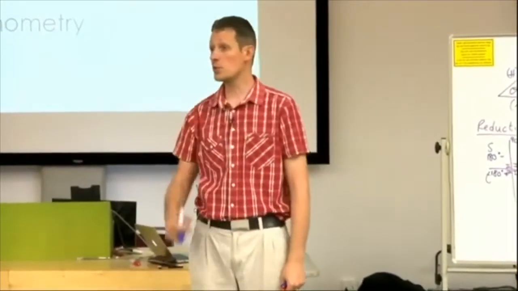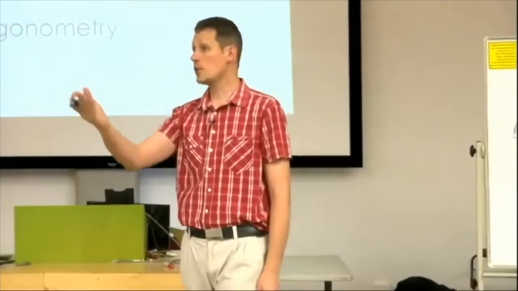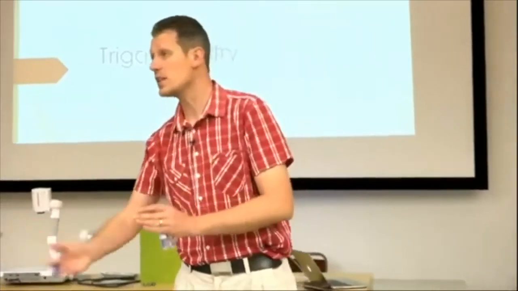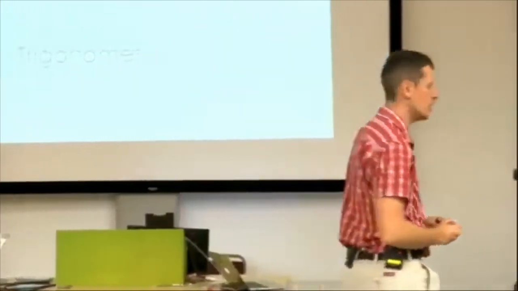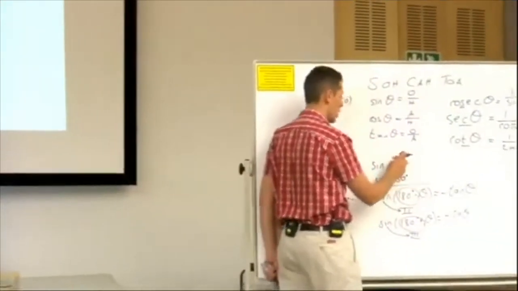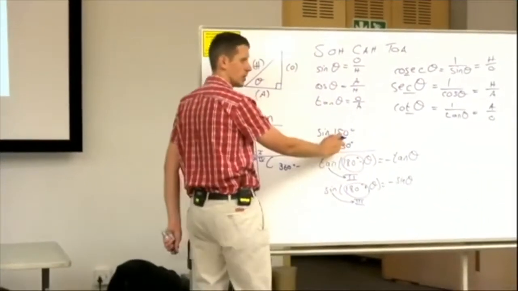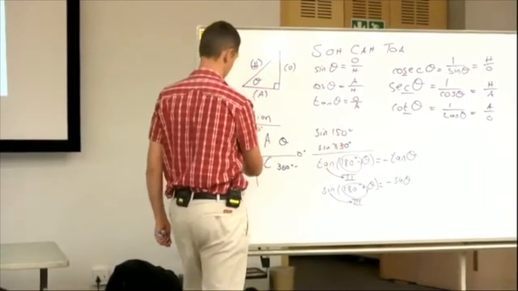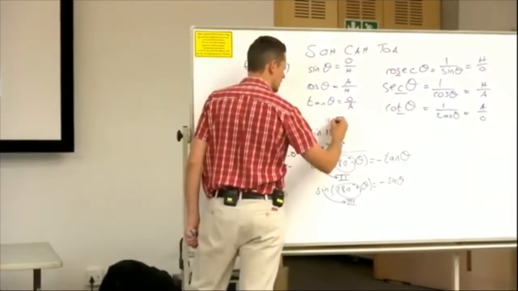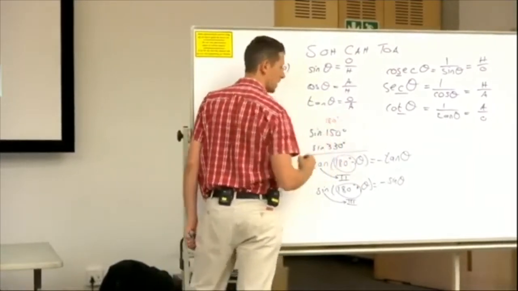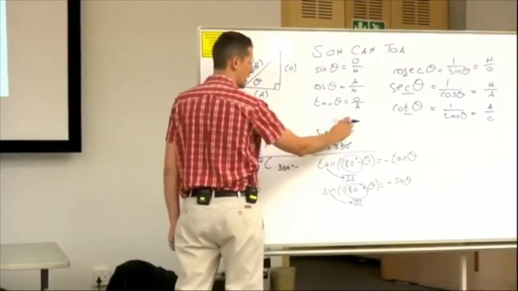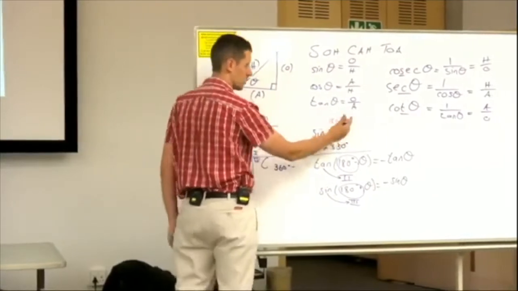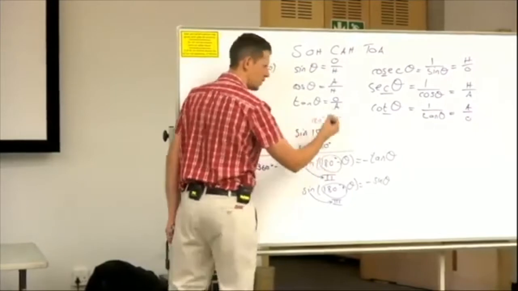In trigonometry, what I would like you to do, instead of rewriting these things over and over again, is just write on the top: 150 is in which quadrant? Second. In the second quadrant, I work with 180 minus. 180 minus what gives me 150? Look at the way I do it.